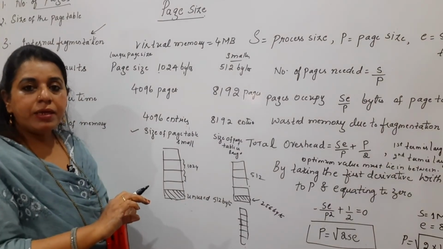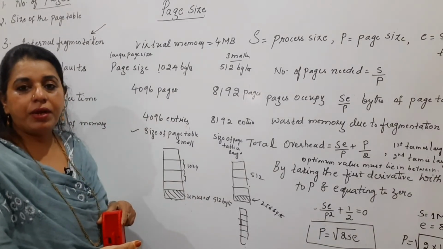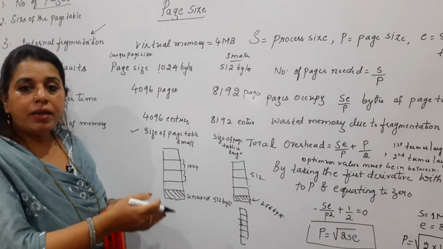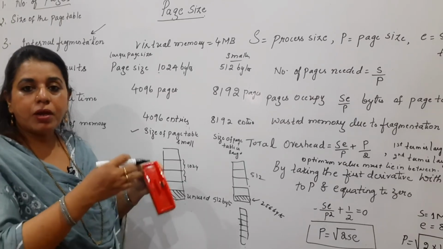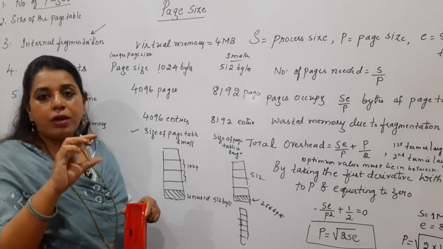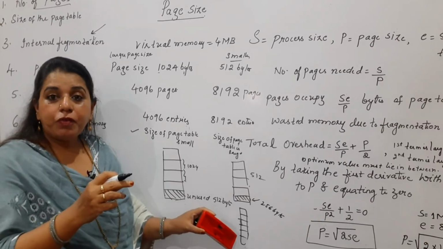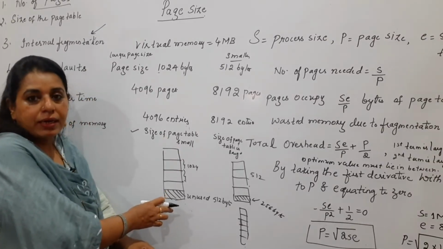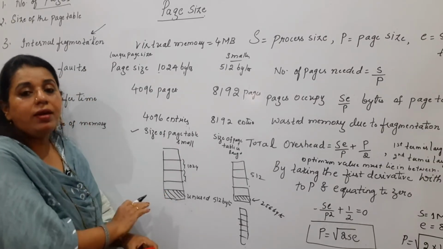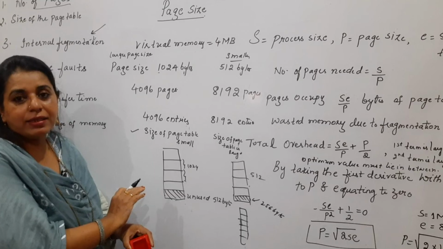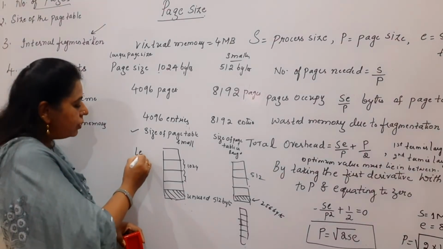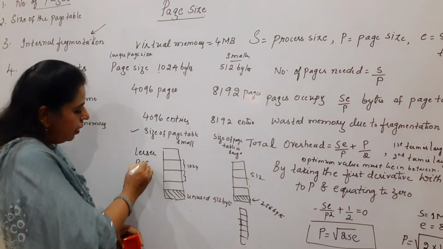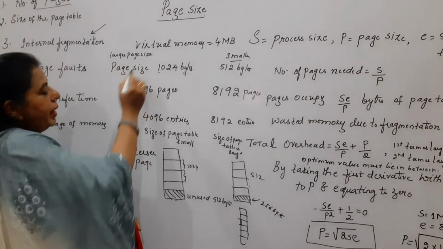If the CPU demands an instruction every time wherein that page is not present in the memory, because you have smaller size pages, then page faults will occur frequently here. Whereas if you have a larger page size, then the chances of having more page faults are very, very low. So lesser page faults will be there if the page size is larger.